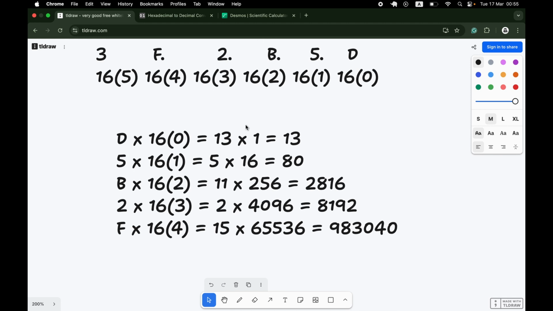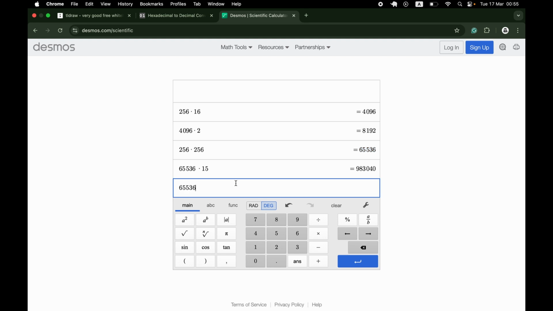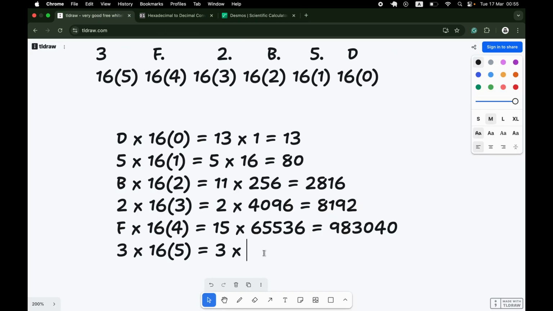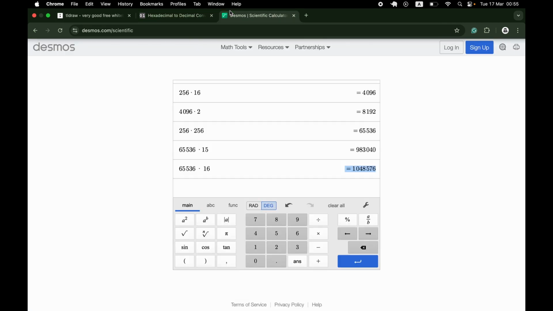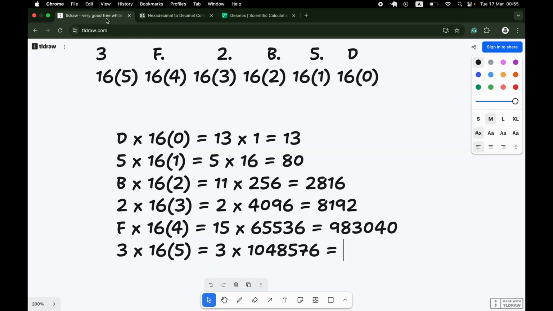For the last one, 3 multiplied by 16 to the power 5, we multiply 65536 by 16 again and then by 3. Finally we get this value, 3145728.